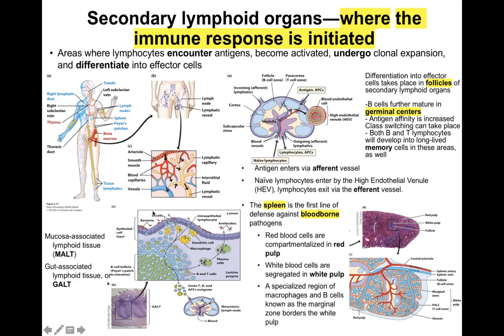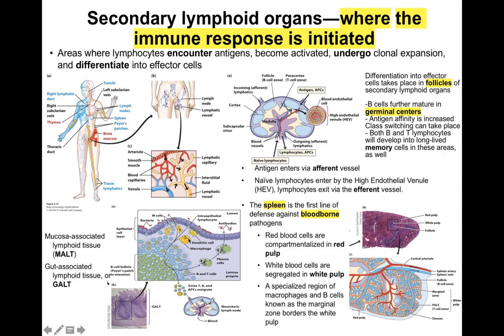And other tissues where you can get an immune response activated are these mucosa-associated lymphoid tissues. There are gut-associated lymphoid tissues, since this is a location near where pathogens are coming in, near the mucosa, and they have access to some T cells and B cells just near there.